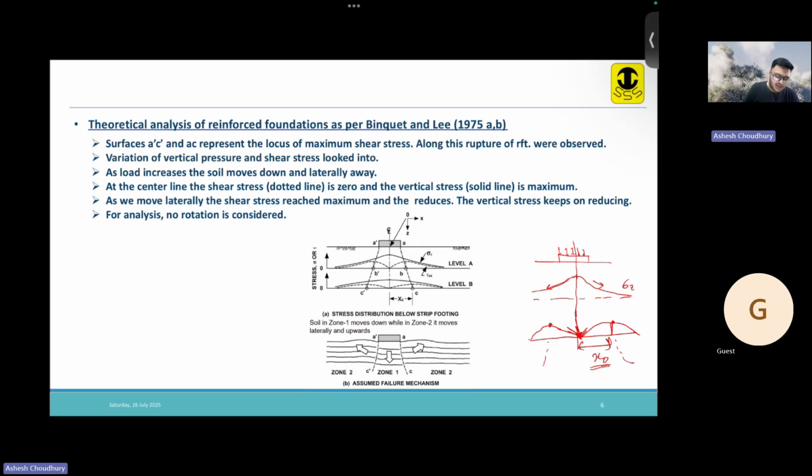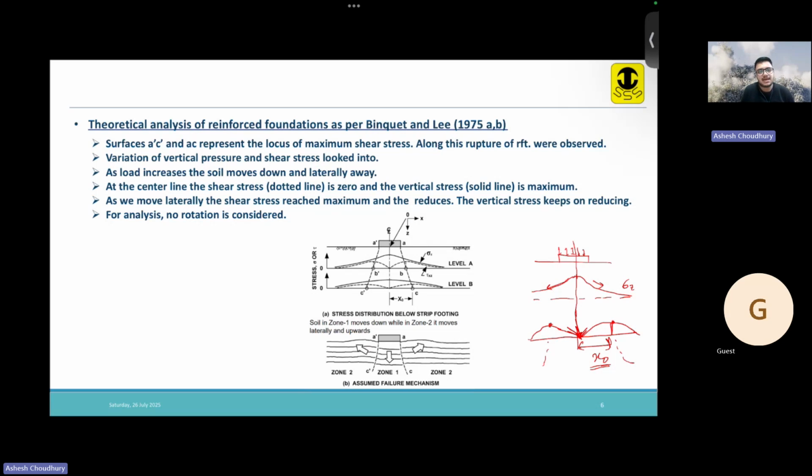The variation of vertical pressure and shear stress was discussed now. As load increases, the soil moves down and also laterally moves away.